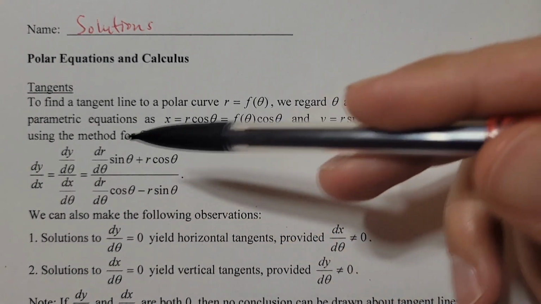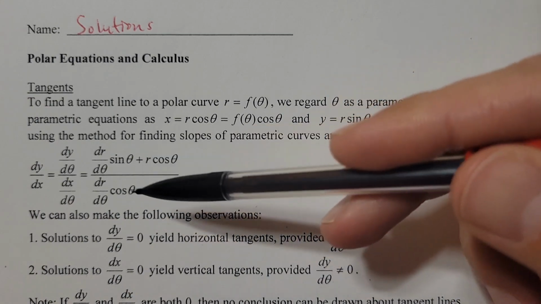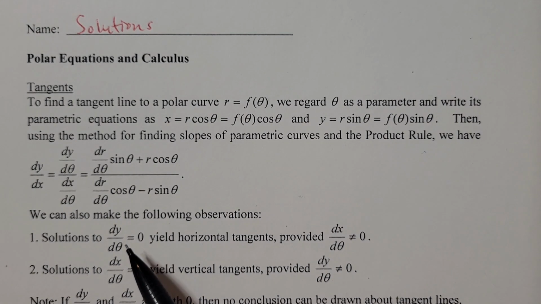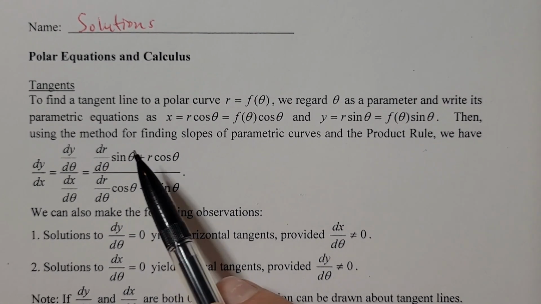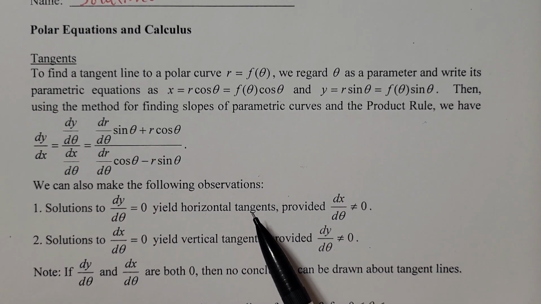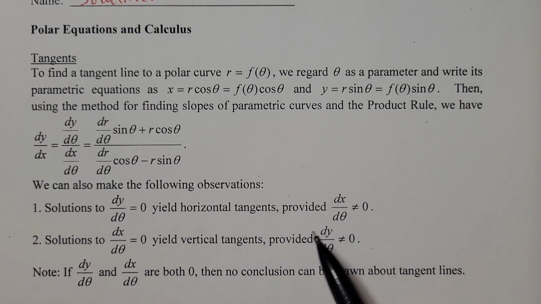Once you have this formula for dy dx, the derivative, you can make the following observations. The solutions to dy d theta equals 0, or when the numerator is 0, are going to provide horizontal tangents, provided that the denominator is not 0.